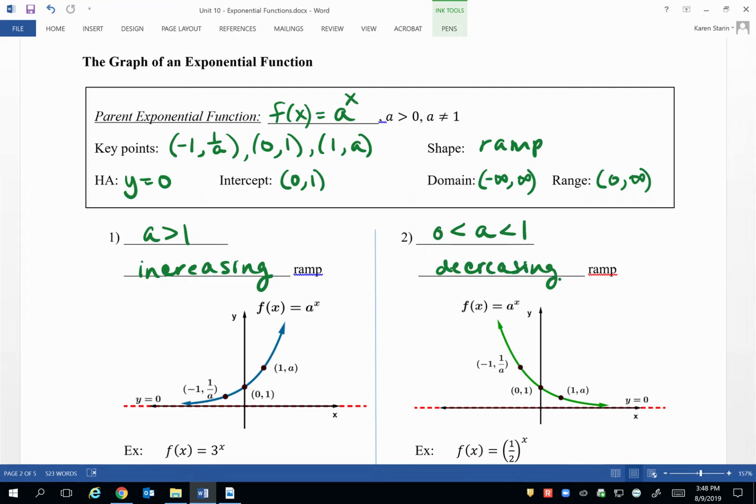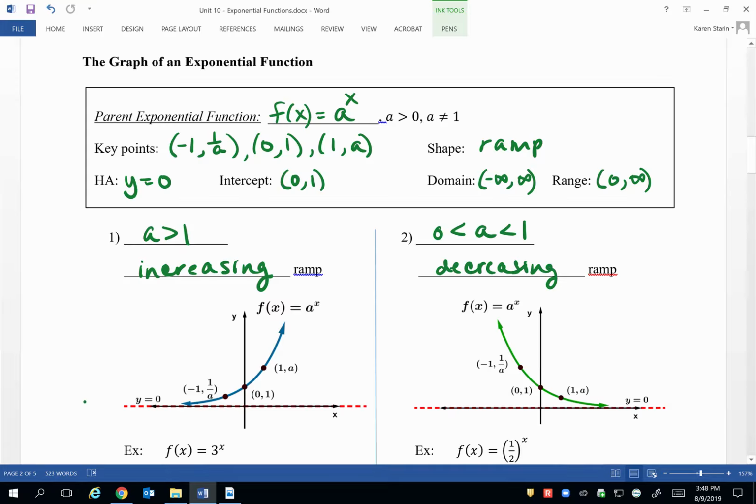So an example here for an increasing exponential function would be f of x equals 3 to the x, and f of x equals 1/2 to the x would be a decreasing, in other words, exponential decay.